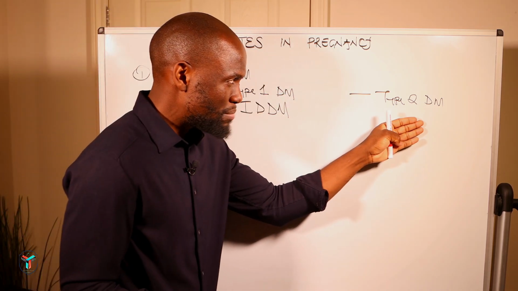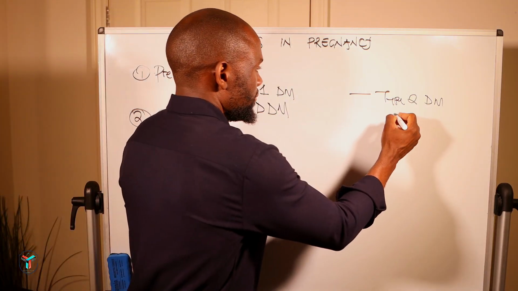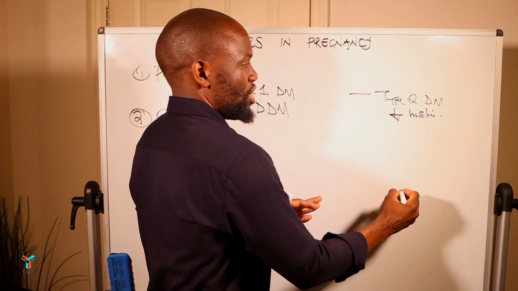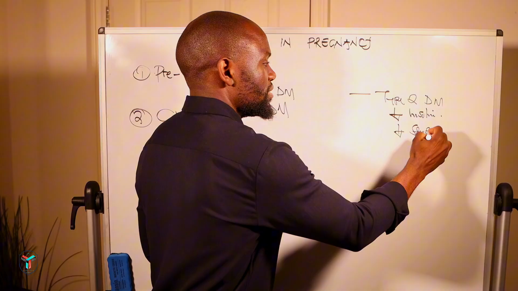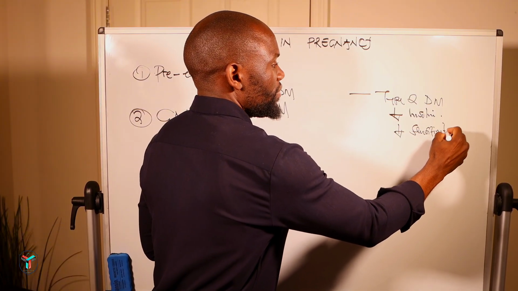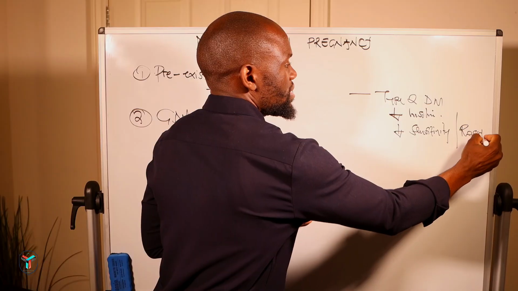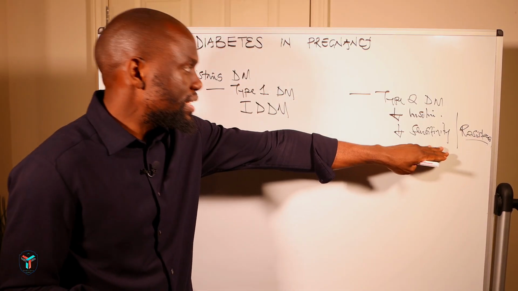Now, when we talk about type 2 diabetes mellitus, this is where you either have a reduction in the insulin being produced, or a reduction in the sensitivity of that insulin. So it means that you have resistance to the insulin that is being produced.